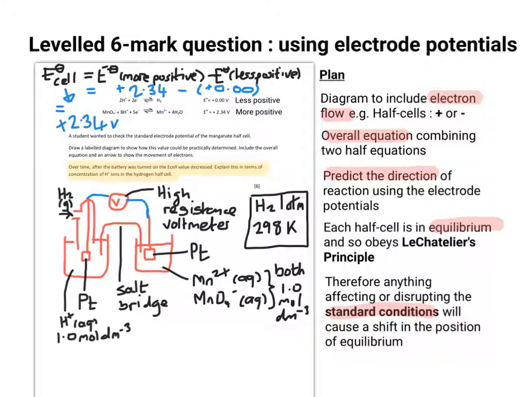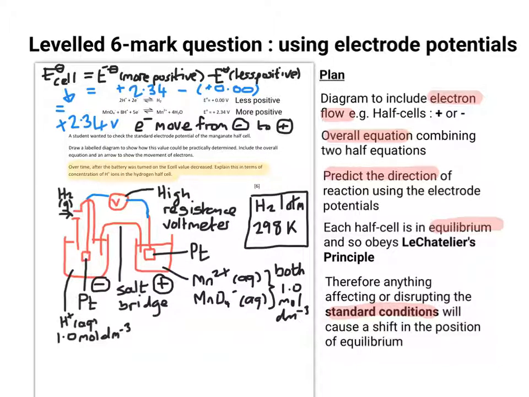Now in terms of the movement of electrons, in an electrochemical cell the electrons always move from the negative pole to the positive pole, or from the negative redox system to the positive redox system. In this case, as we know that the manganate is more positive, the manganate half cell is the positive, and the standard hydrogen electrode is the negative.